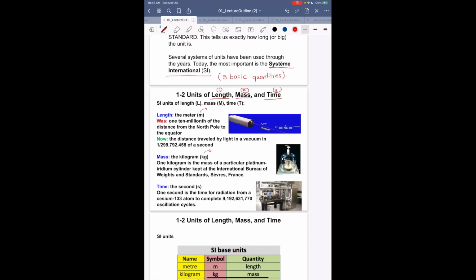Now 1 kilogram is just the mass of an alloy made of platinum and iridium, two metals that resist any changes from the environment. And it is kept at the International Bureau of Weights and Measures in the city of Sèvres in France.